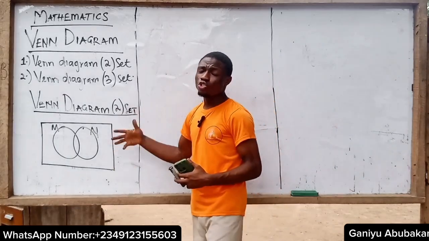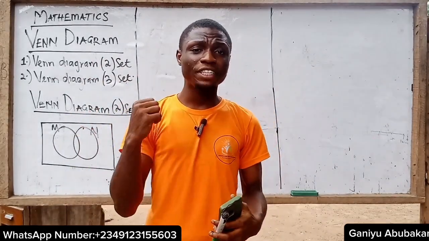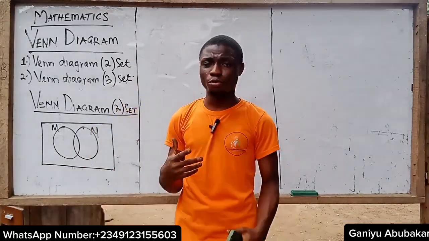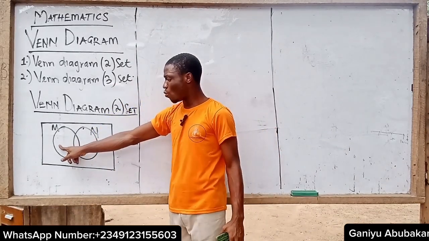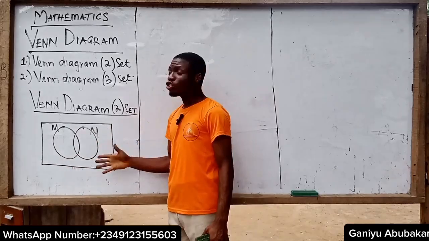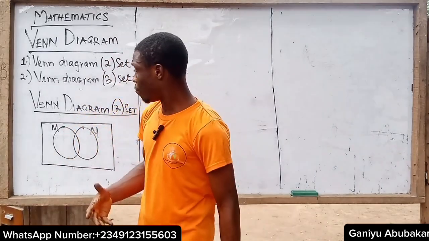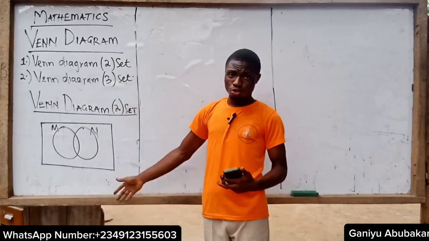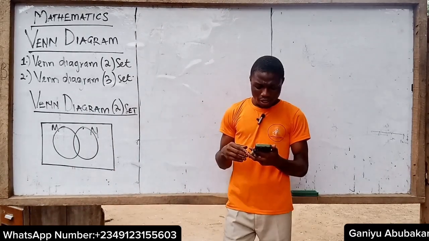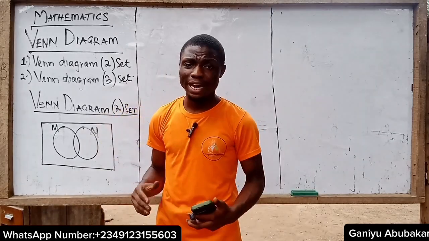Note that there are four spaces for the Venn diagram for two sets. What are the spaces I'm talking about? This is a space here, 1, 2, 3, and this outer part is a space. Let me explain the concept behind these spaces.